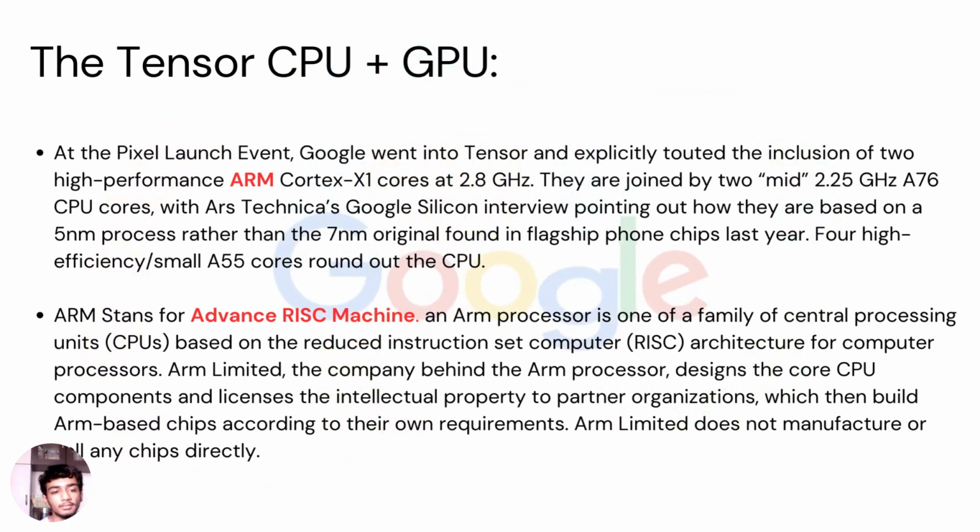So Google is using a 5 nanometer process rather than 7 nanometer. And ARM, as I said earlier, stands for Advanced RISC Machine, and RISC stands for Reduced Instruction Set Computer, that is widely used in the processors of our computers and PCs.